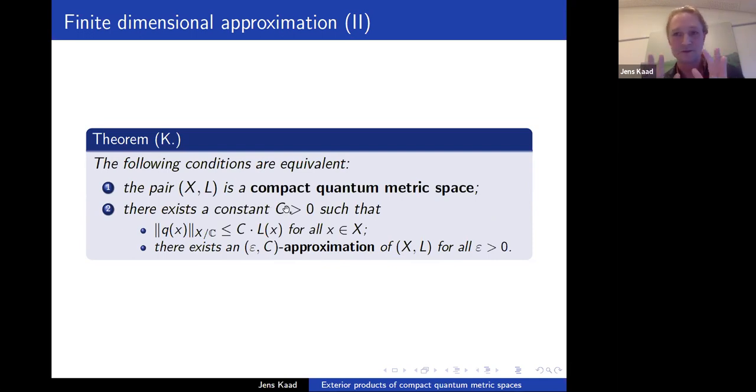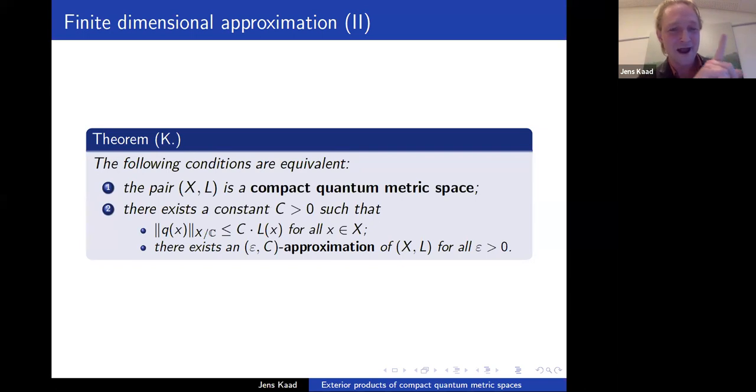I have to be able to use the same constant C for all epsilon strictly greater than 0. All right, so this you can actually check now using condition 2, and the example I just gave you of an epsilon comma 1 approximation in the case of compact metric spaces, to check that continuous functions on a compact metric space is indeed a compact quantum metric space, if you want to.